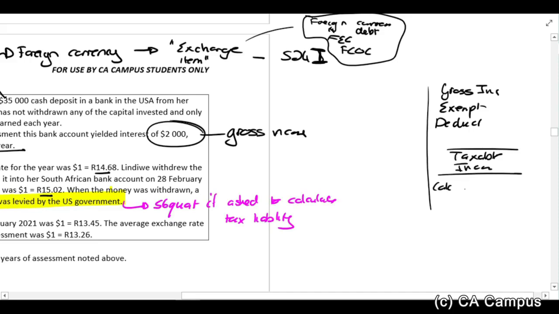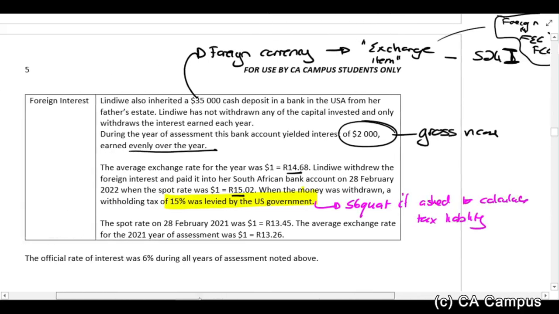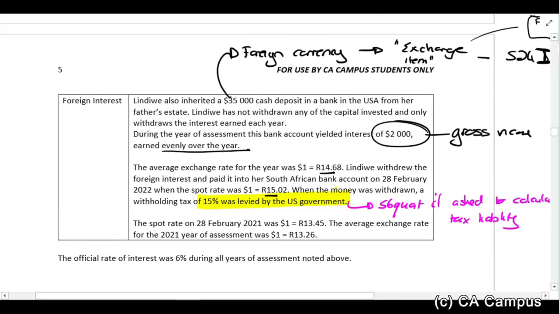Then you calculate tax per tables. From that you deduct your rebates. Section 6 quat is here. So if they ask you to only calculate taxable income, you won't worry about section 6 quat. And then they give us the spot rate on the 28th of February 2021. That's the end of the previous tax year.